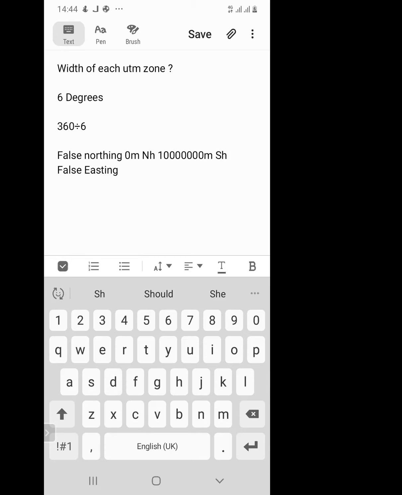I'm just saying that for the false northern, it is 0 for the northern hemisphere, because as I go up in a graph, I get positive values. As I go down, I get negative values. So if my equator is my origin, then if I'm somewhere in Southern Africa, I'll be getting negative values if I keep using 0 meters.